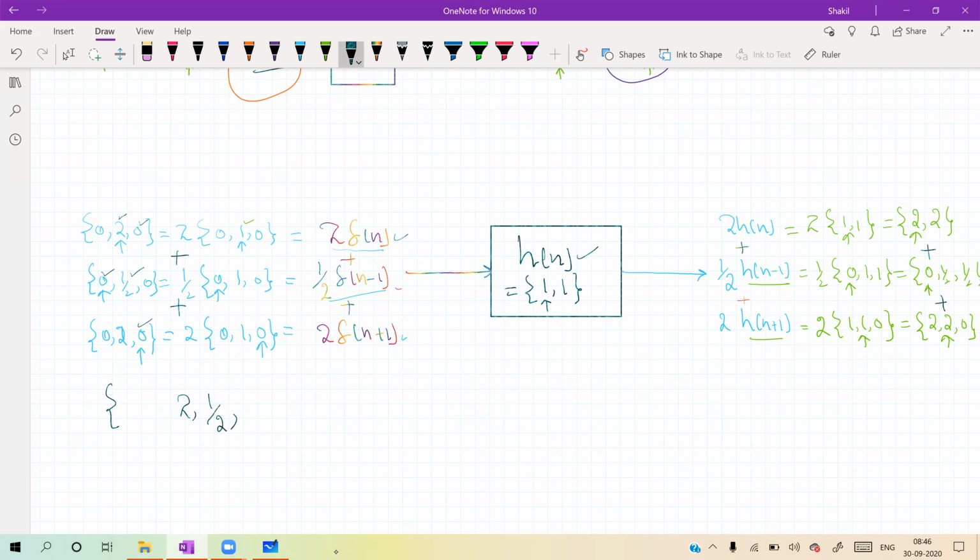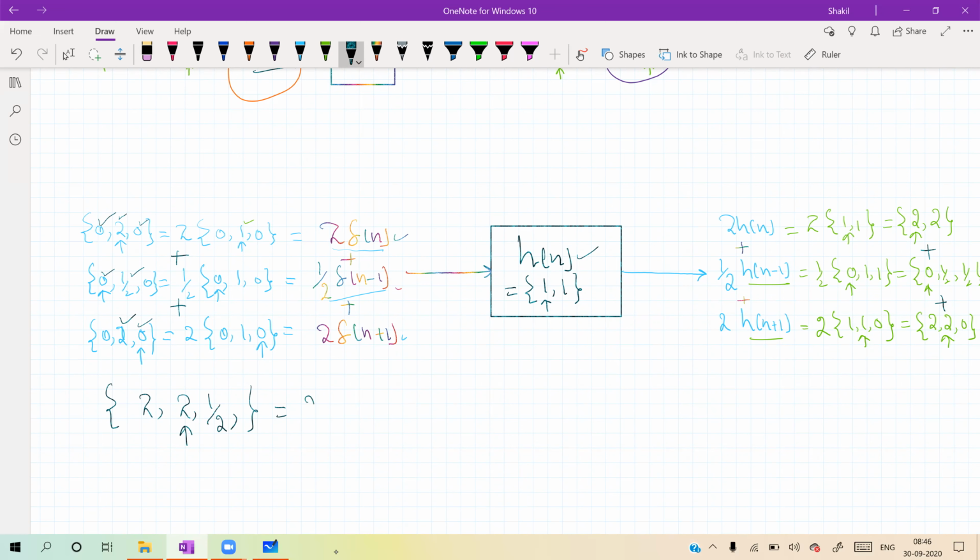Then n equal to 2, you know that will be 0. You can check it. Now n equal to minus 1 is in this value. So this is 2. So this is the input to the system, or in other words, you can write it like this.